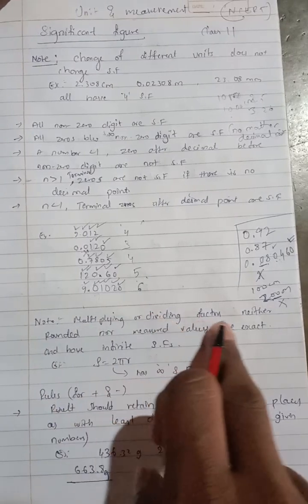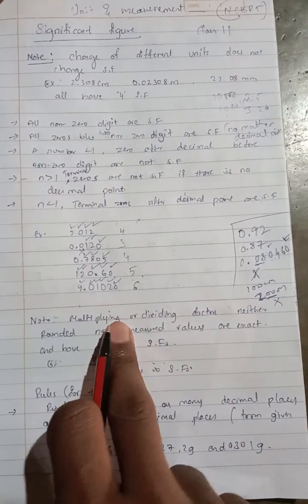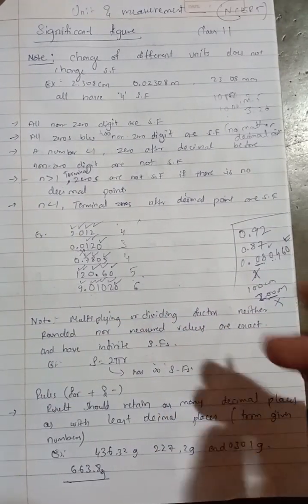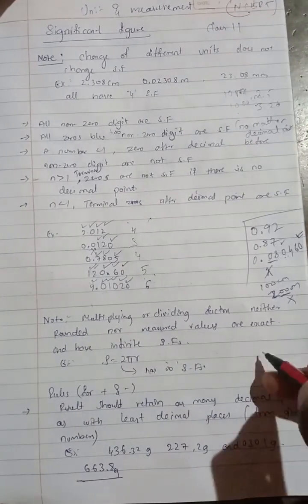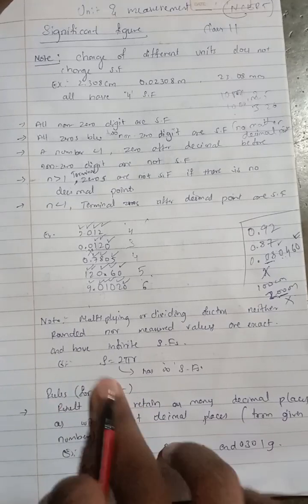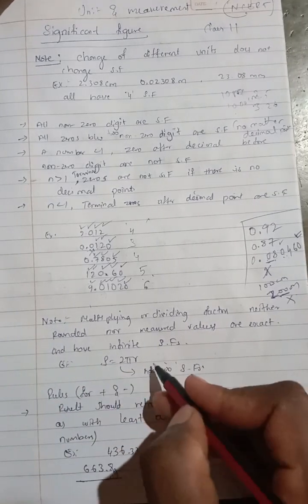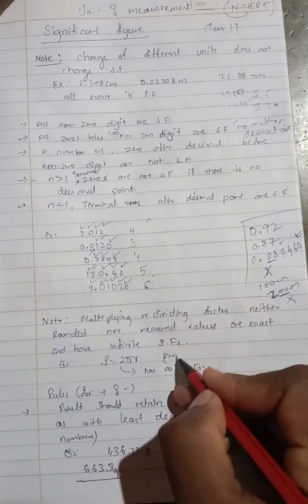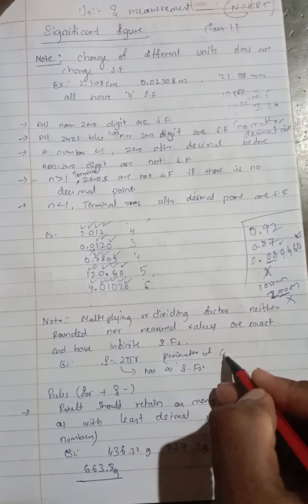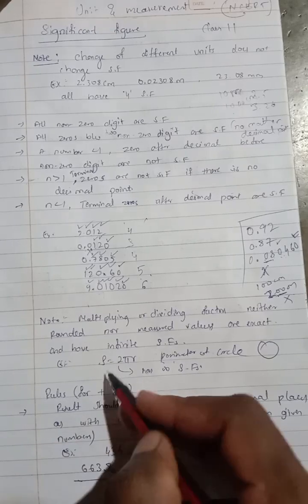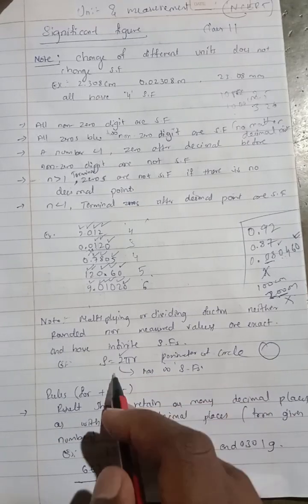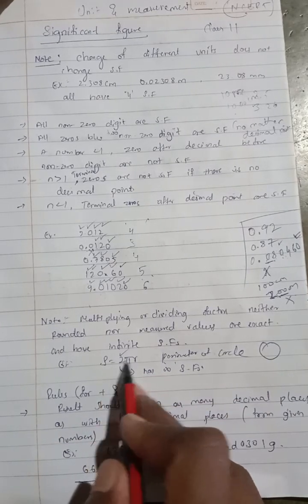Then there is another important note here. A multiplying or dividing factor is neither rounded nor has a decimal point, nor is it a measured value; it is an exact value. Like in this example, this is the formula for the circumference, sorry, perimeter of a circle: s equals 2 pi r. This 2 has no unit, it is just an exact number, meaning 2 is multiplying pi r.